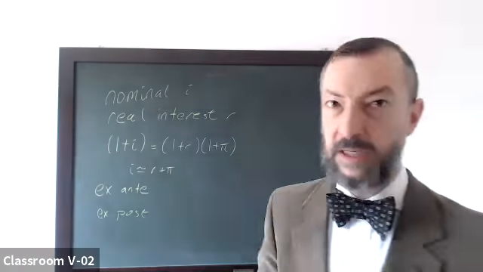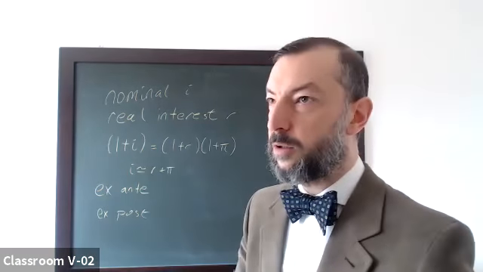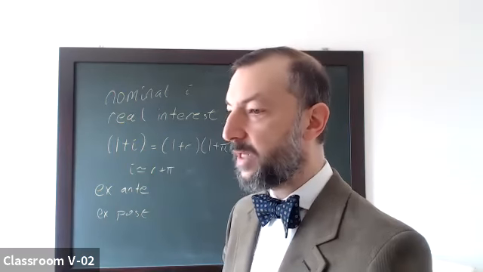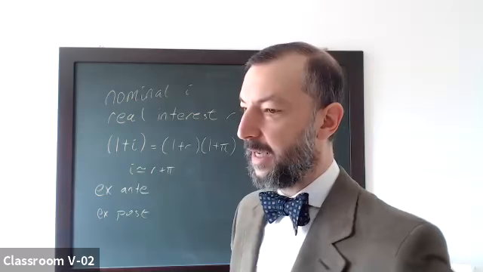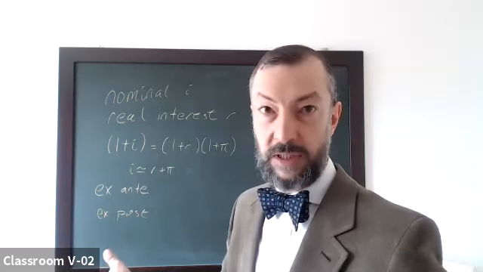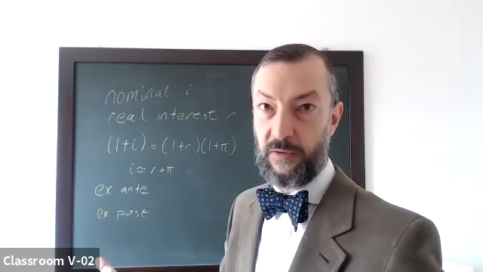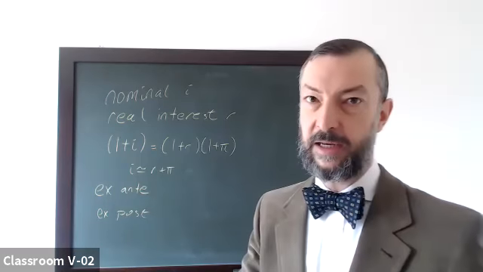Let me ask you a question. We talked about the ex-ante nominal interest rate not being negative, right? We said money already has an interest of 0 itself. I'm going to talk about exceptions to this in a few minutes.